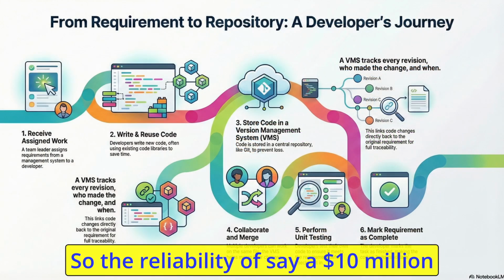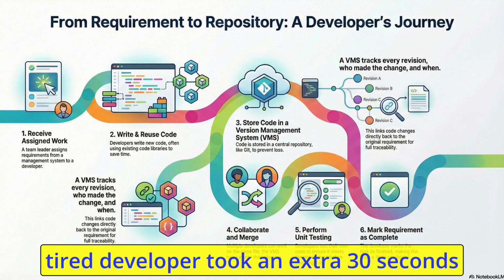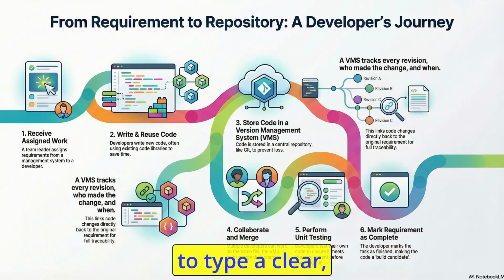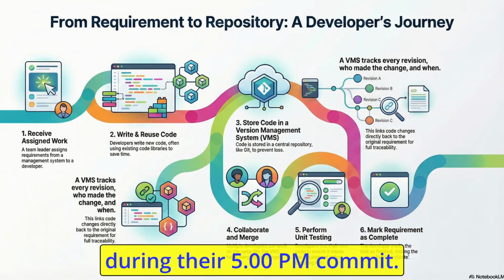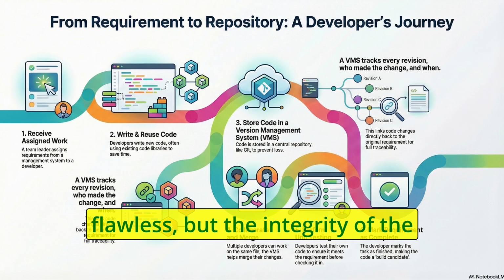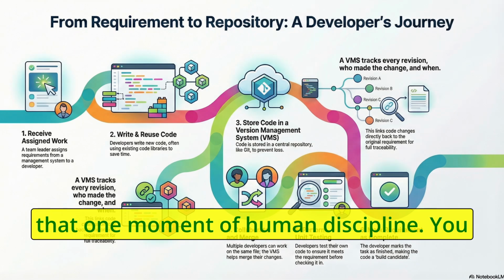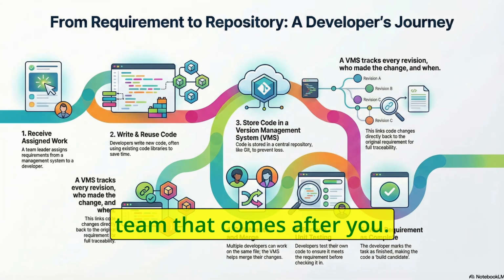So the reliability of, say, a $10 million project years down the line can hinge on whether a tired developer took an extra 30 seconds to type a clear, descriptive reason during their 5:00 p.m. commit. Precisely. The technical system is flawless, but the integrity of the project's history depends entirely on that one moment of human discipline. You have to think about the story you're leaving behind for the team that comes after you.